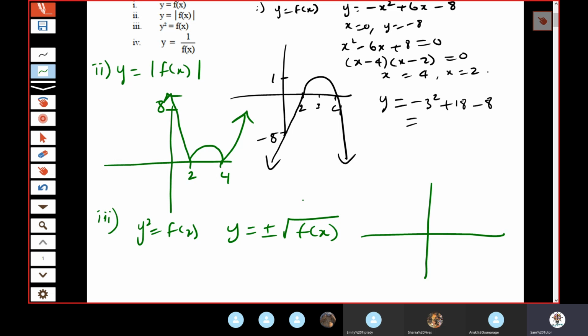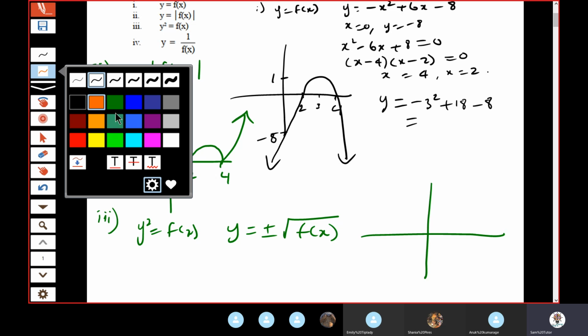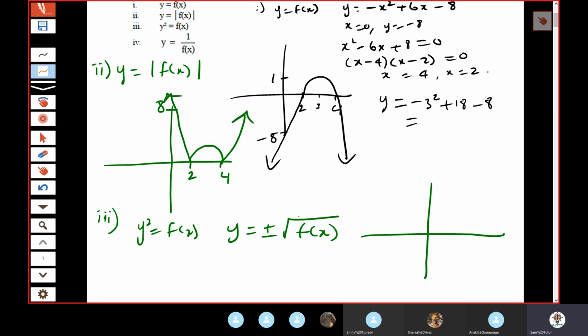Not so confident. I'm sure there's someone that kind of knows it. Give it a shot, even if it's wrong. Novak, what would you do with y squared equals f of x? Is it the weird circle thing?